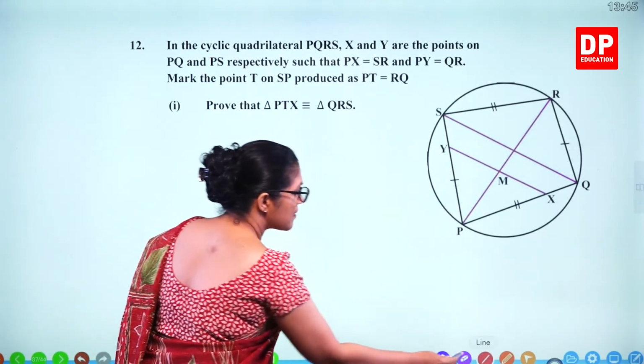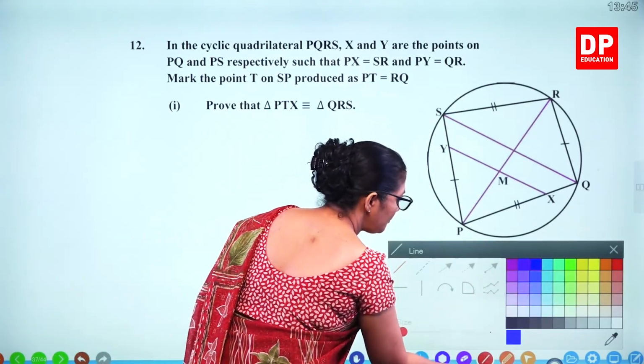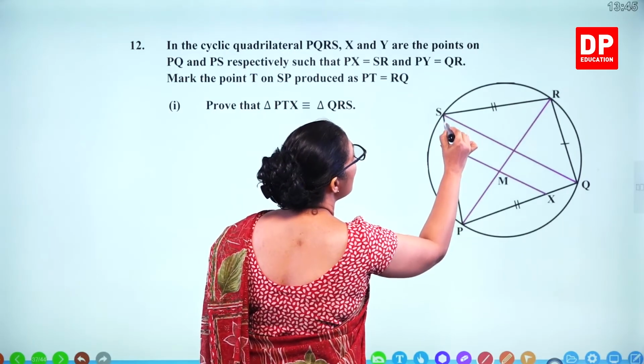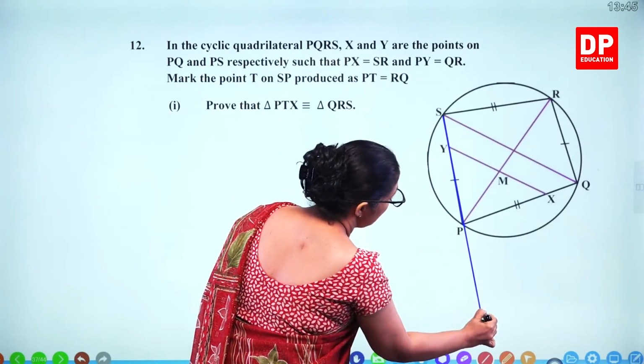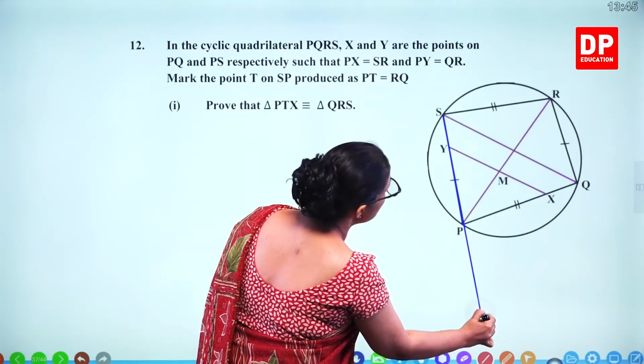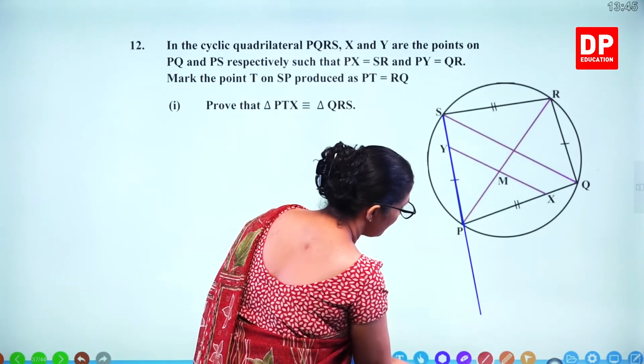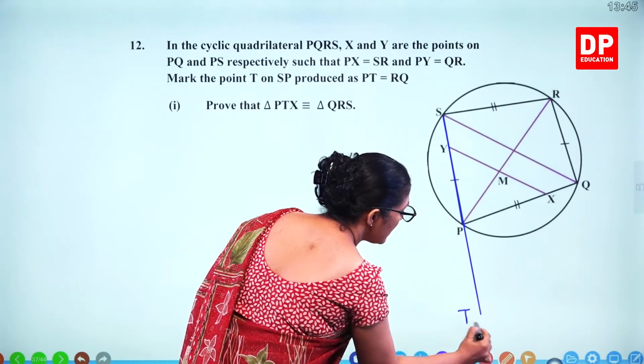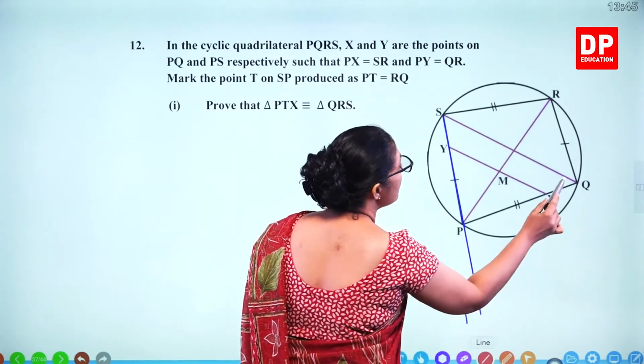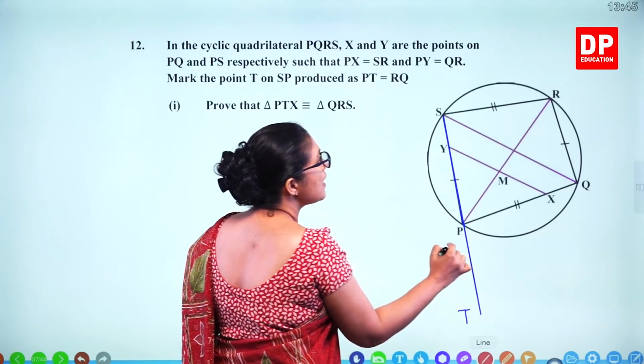So we have to extend this line so that PT is equal to RQ. So we'll take this one and mark this as T, and PT is QR.